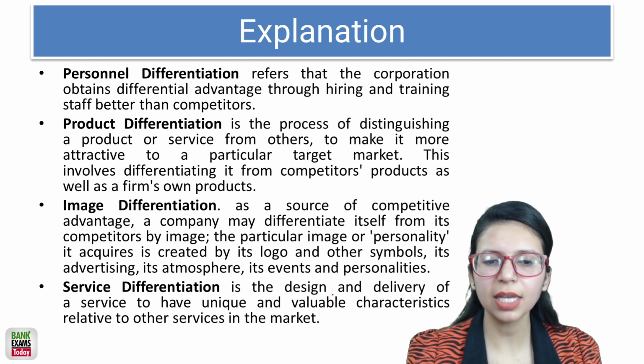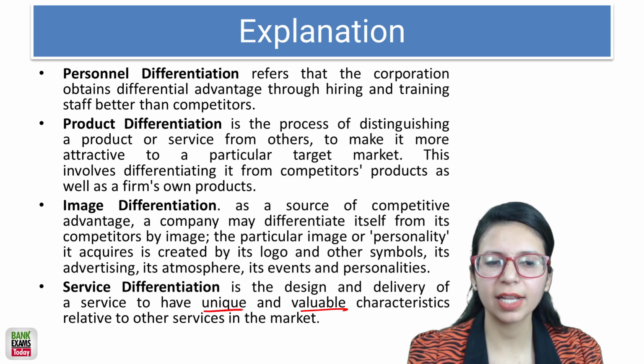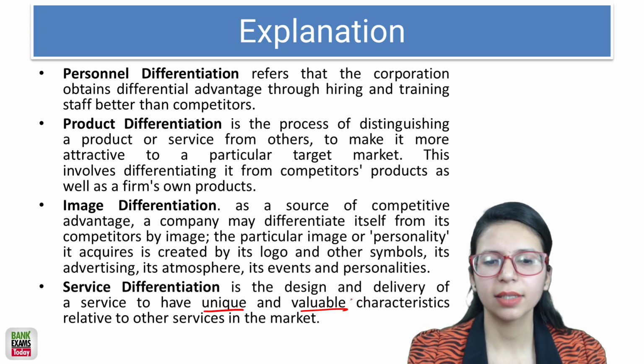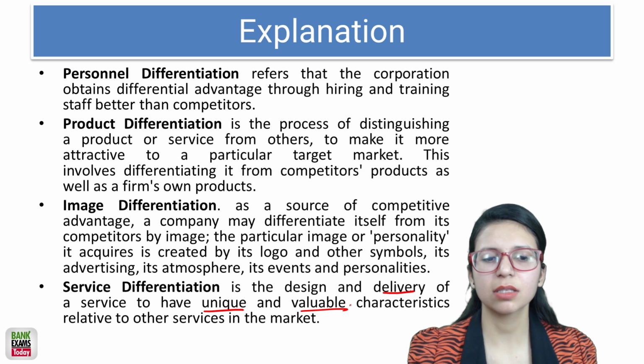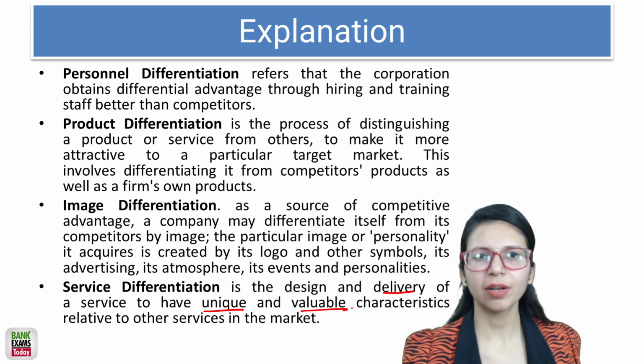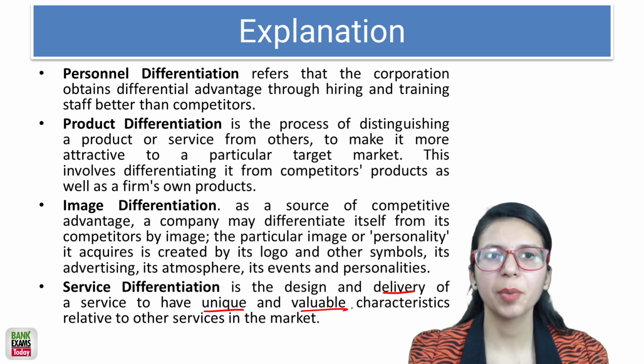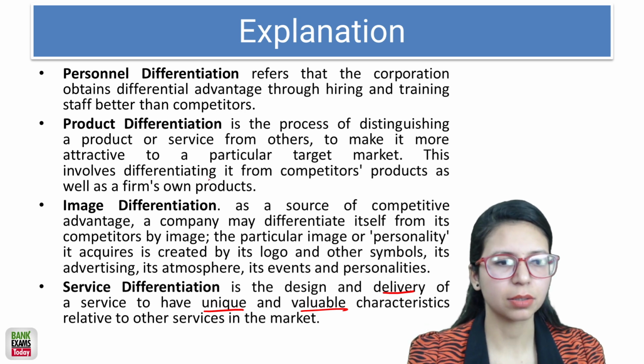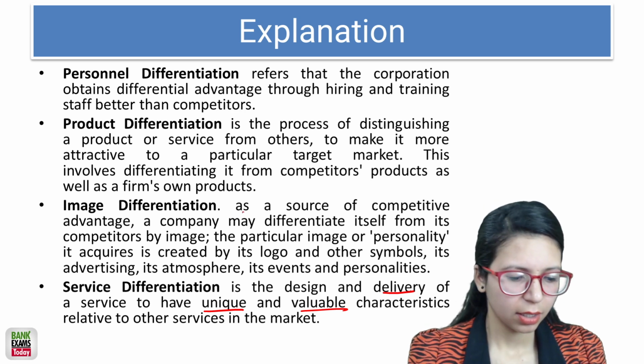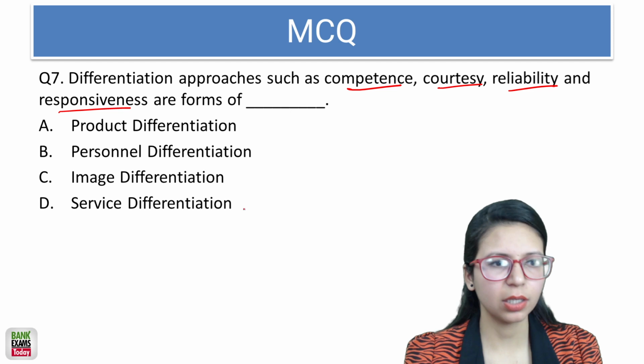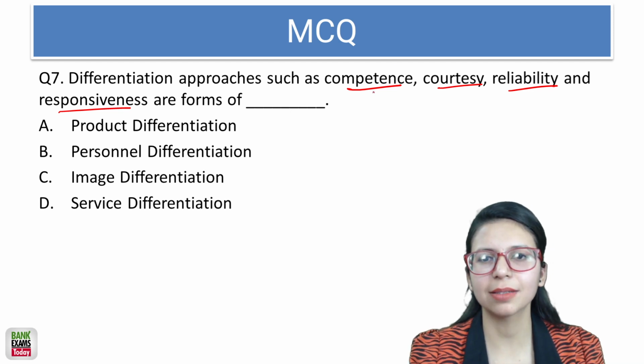So giving unique and valuable services, providing unique services, the design and delivery of the services should be relatively better as compared to your competitors. Okay, so here your answer is now competence.